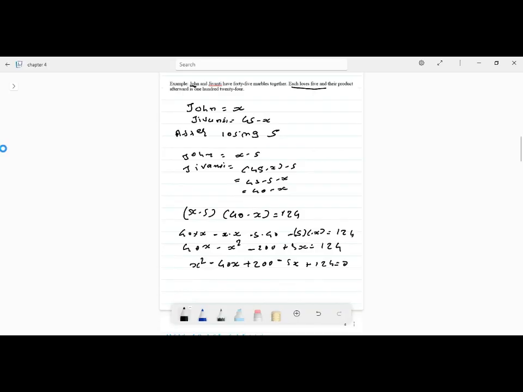Rewriting the equation: x squared minus 40x minus 5x, which is minus 45x, plus 200 plus 124, which is 324, is equal to 0. So this is the quadratic form of the word problem.